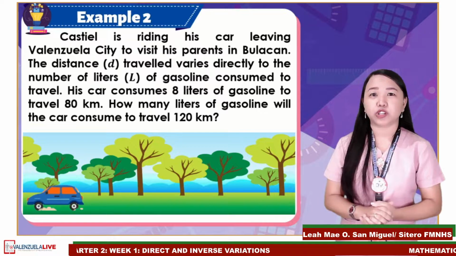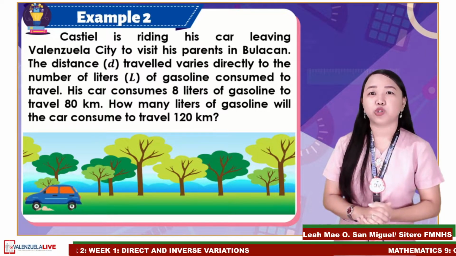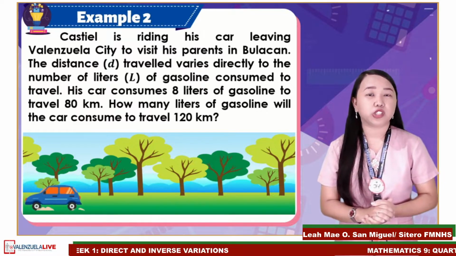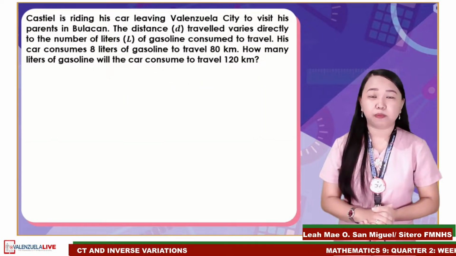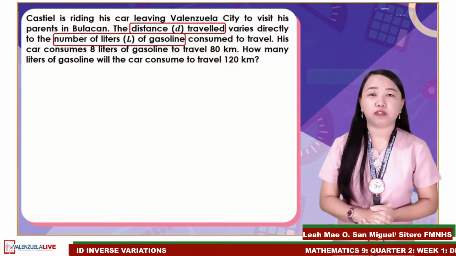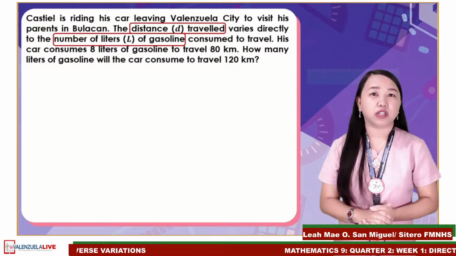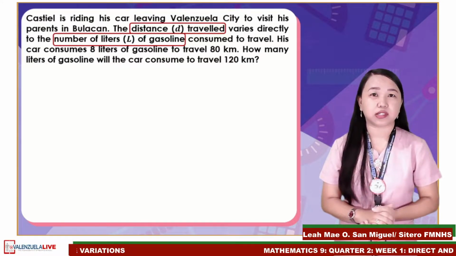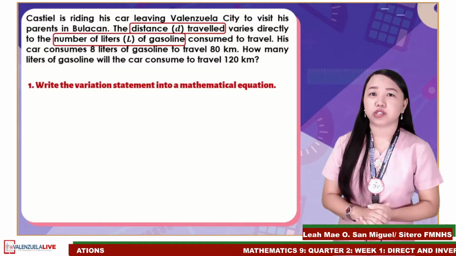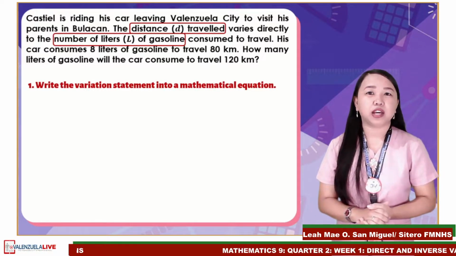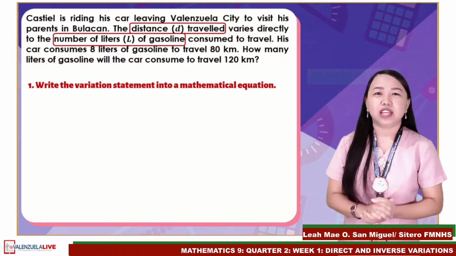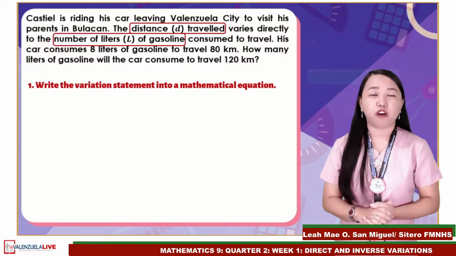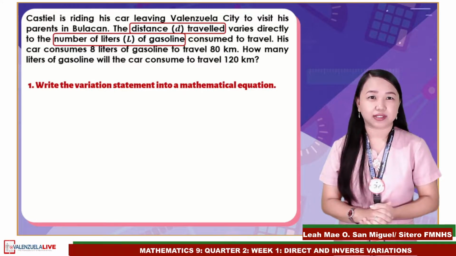How many liters of gasoline will the car consume to travel 120 kilometers? In this problem, we have liters of gasoline and distance traveled as the two quantities. We need to write the variation statement into a mathematical equation. What is the mathematical equation that represents the relationship of these quantities?